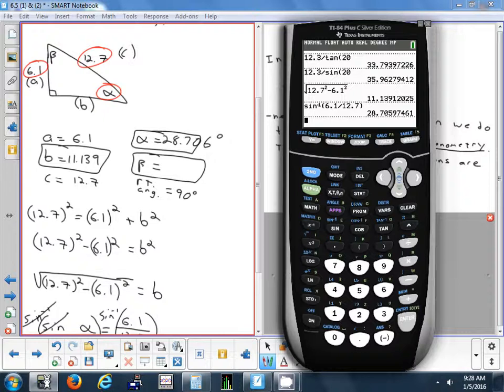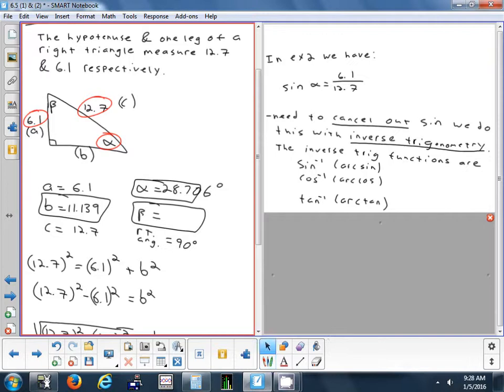What I'm going to do is find beta exactly the way I just found alpha. I'm going to use the two sides that were given, and focus on everything I just circled in green. This time it's cosine.